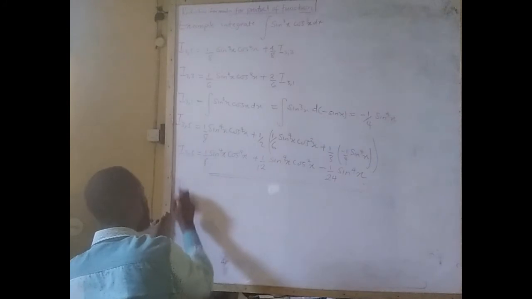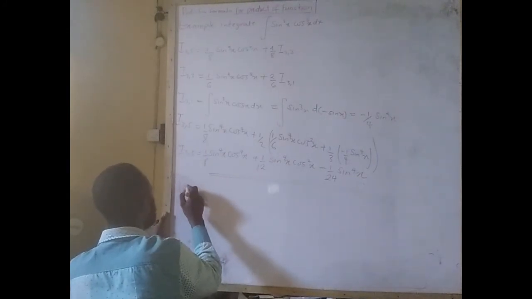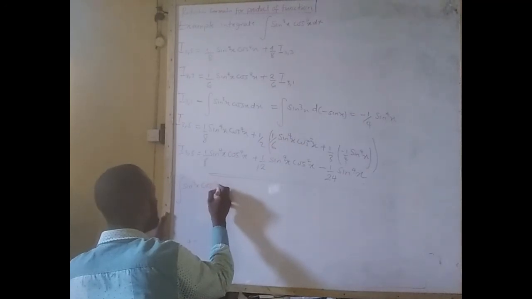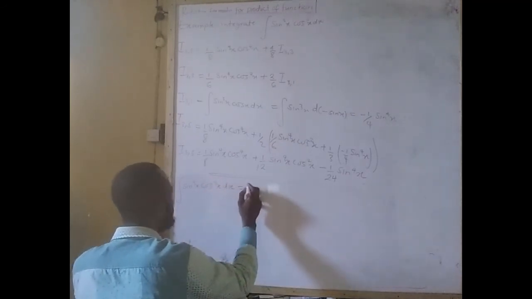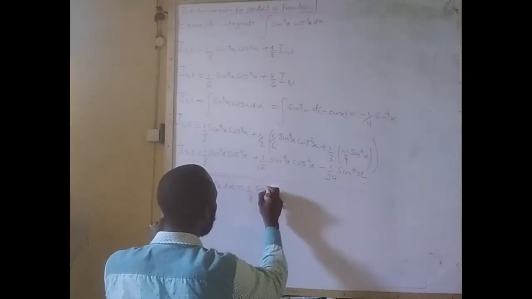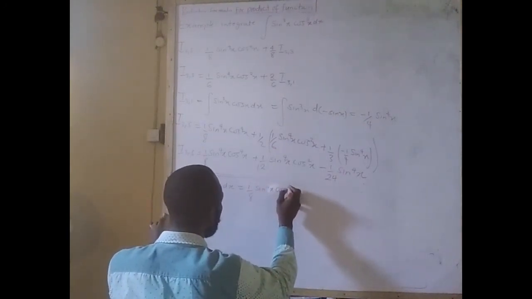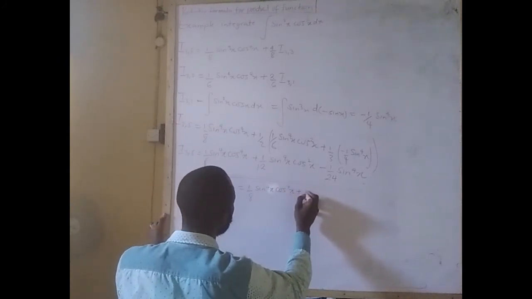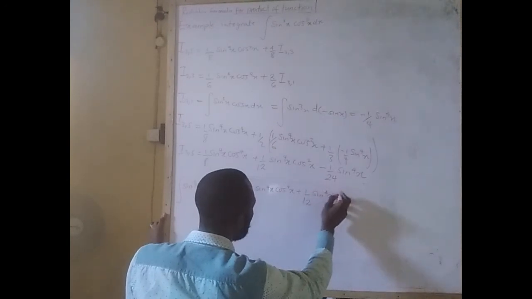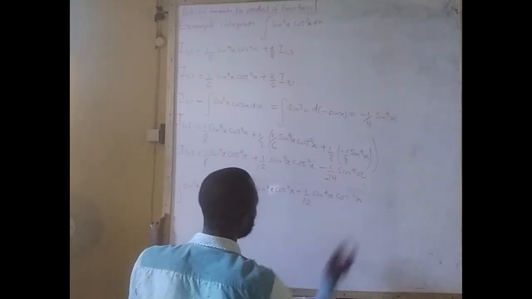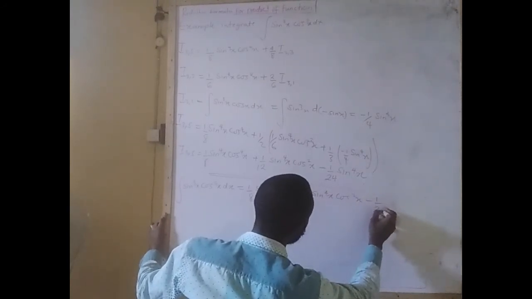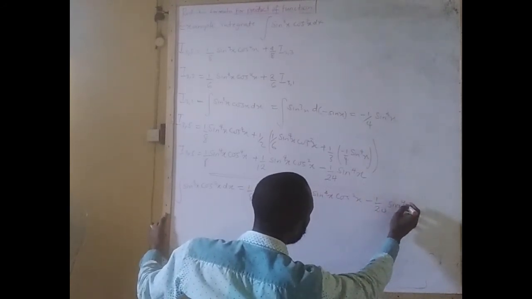It means my integral of sine 3x cos 5x dx is equals to 1 over 8 sine 4x cos 4x plus 1 over 12 sine 4x cos 2x minus 1 over 24 sine 4x.